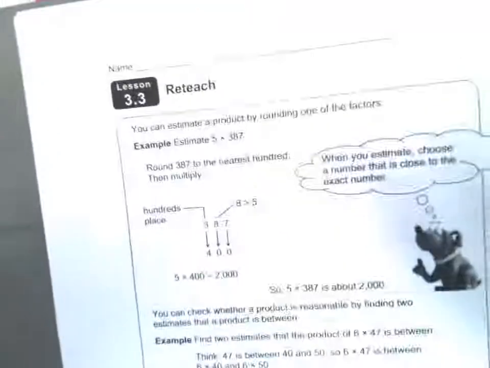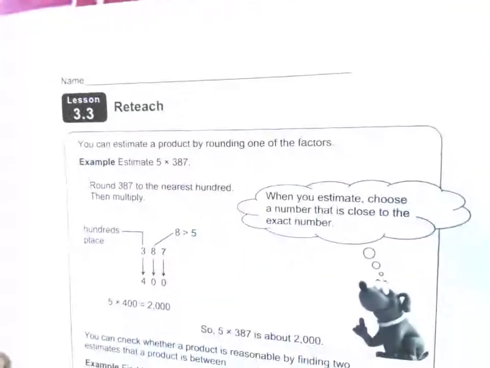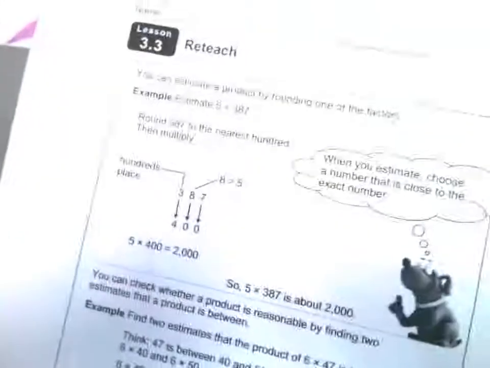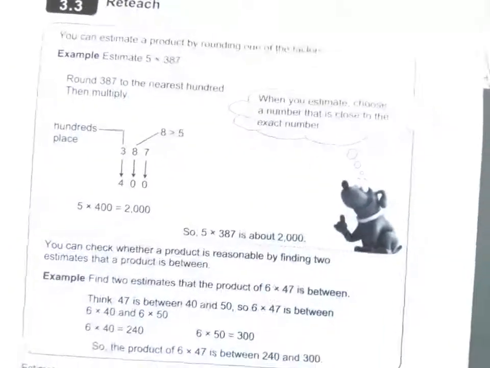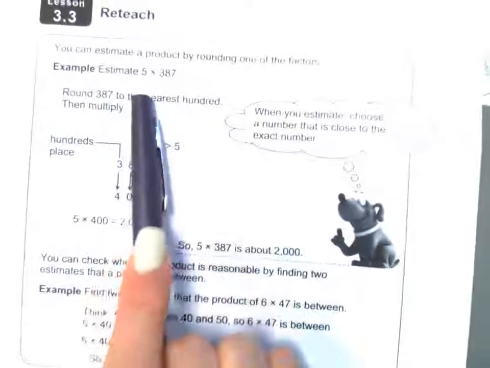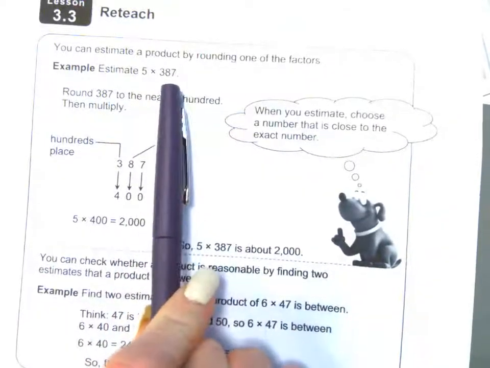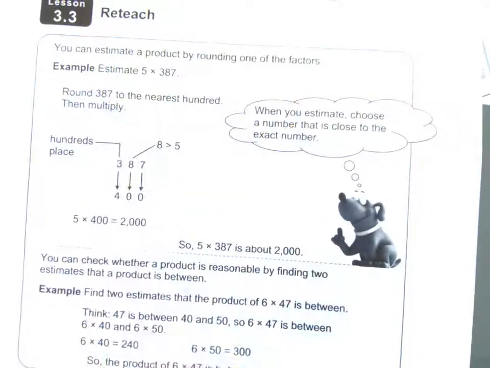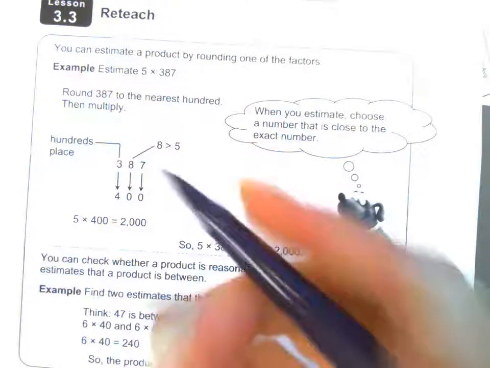Okay. Now, we can estimate a product by rounding one of the factors. Let me get that a little straighter. There we go. If I were asked to multiply 5 times 387, I would round 387 to the nearest hundred first.